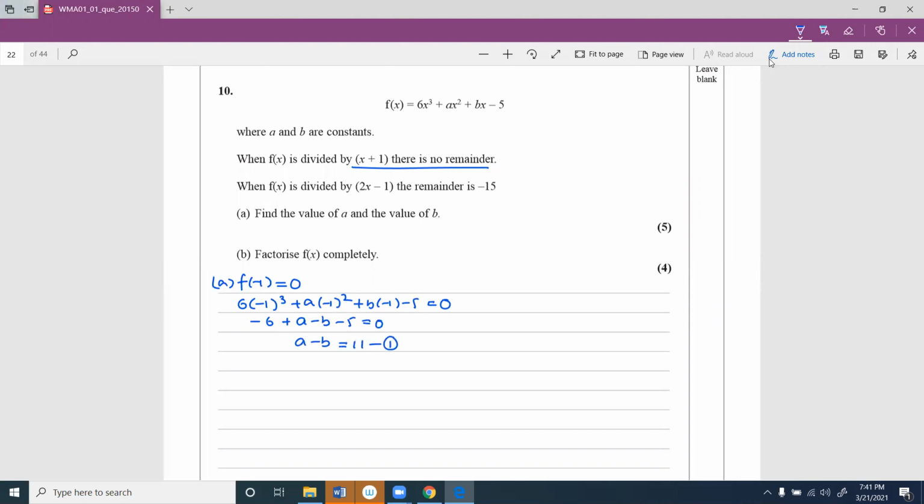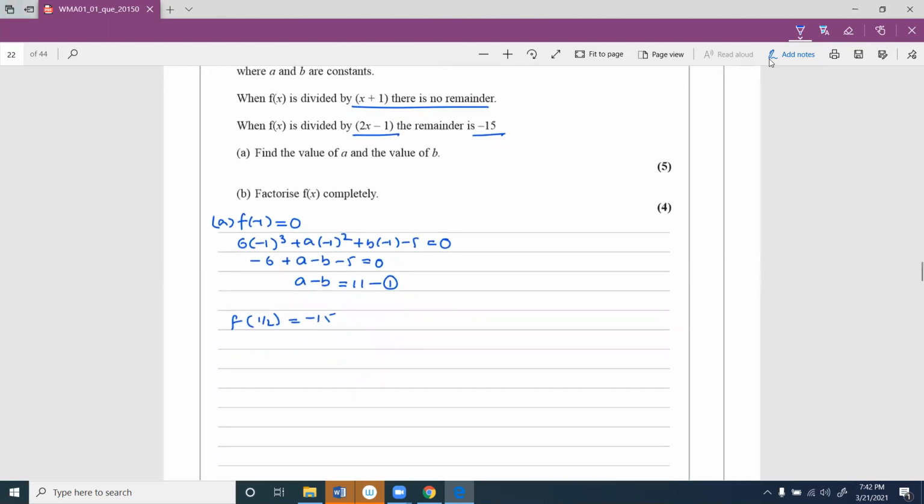That is the first equation. Then they mention if f(x) is divided by 2x minus 1, the remainder is 50. That means if you put f of 1 over 2, the answer is minus 50. How do you get this 1 over 2? 2x minus 1 equals 0. Right. Then we'll do it: 6 times half to the power 3 plus a times half to the power 2 plus b times half minus 5 equals 0.